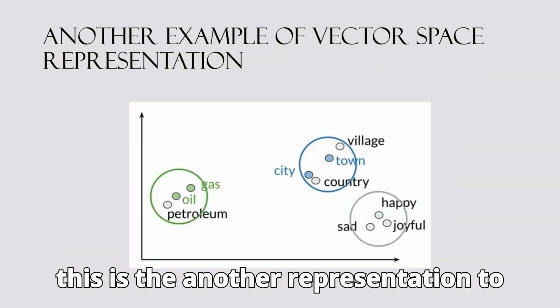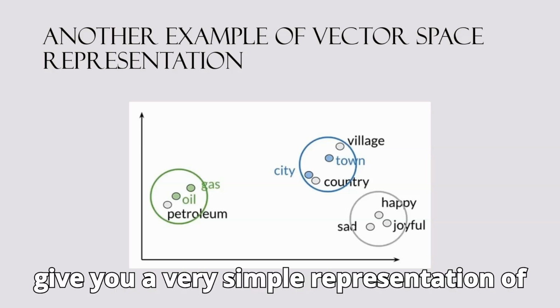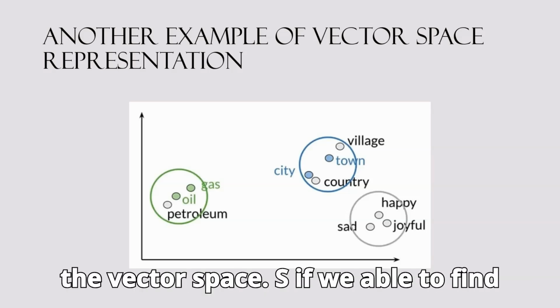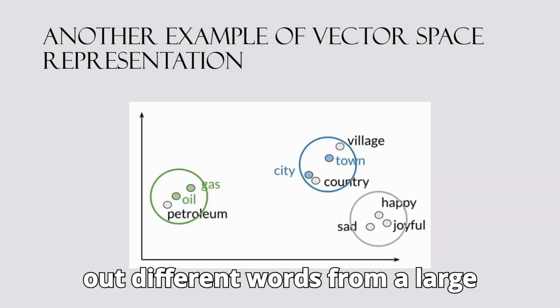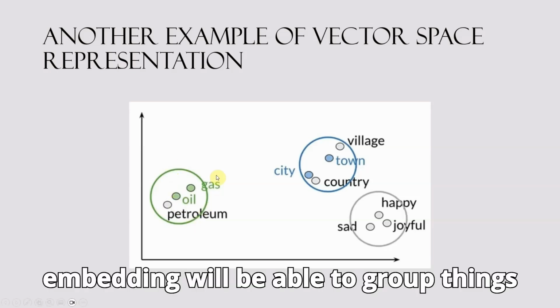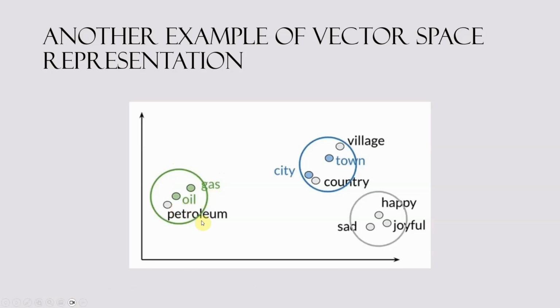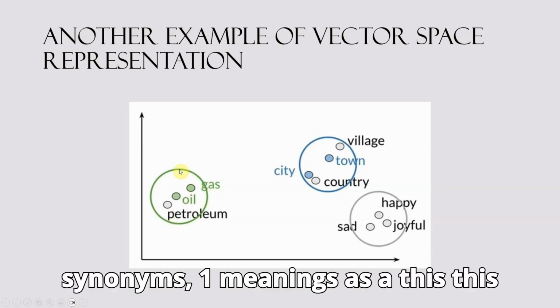And this is another representation to give you a very simple view of the vector space. If we are able to find different words from a large number of sentences, finally the embedding will be able to group things like petroleum, gas and oil into one synonym group, one meaning.